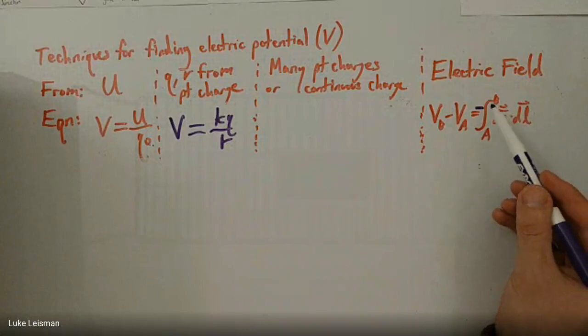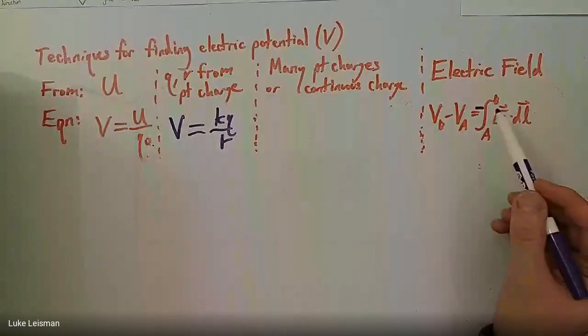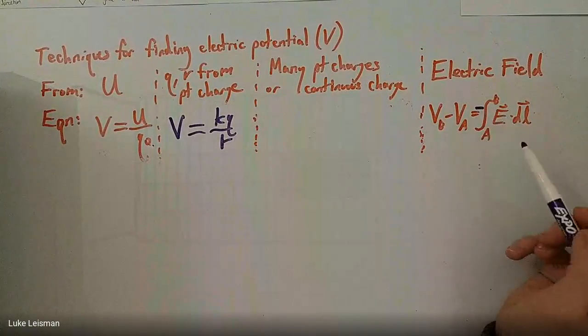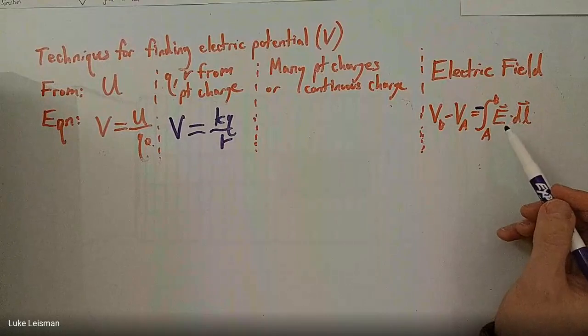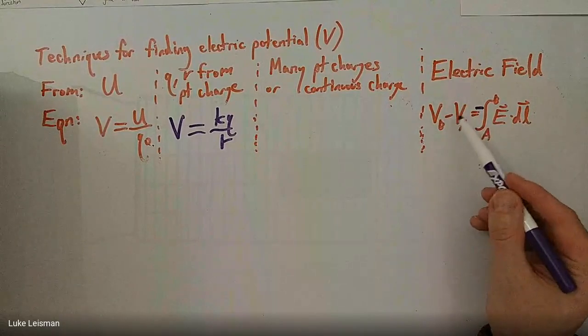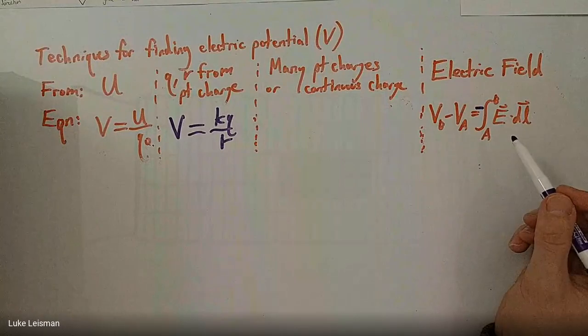Importantly, when I wrote this equation down, I forgot to add the minus sign, so I have it in a different color here. There's actually a minus sign in this equation. It's the opposite of that integral. But the idea is still that if you integrate an electric field over some path, that gives you a change in the potential energy.